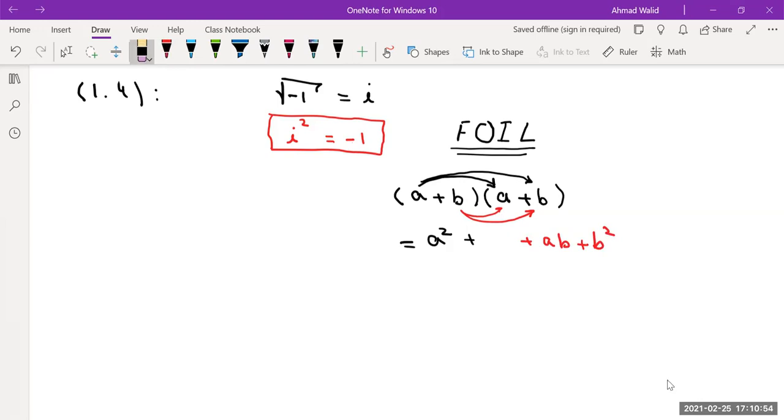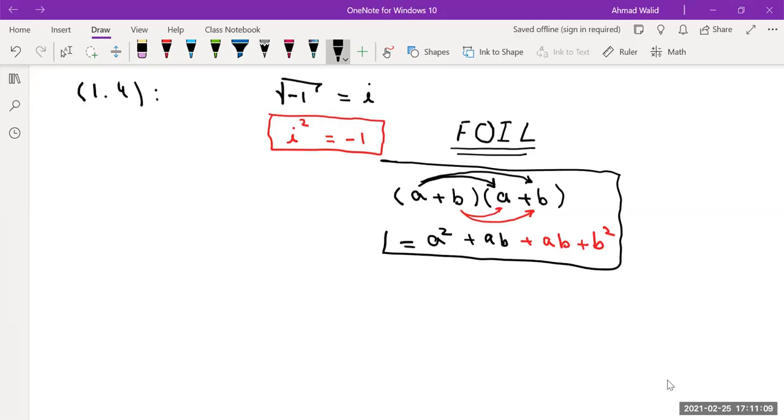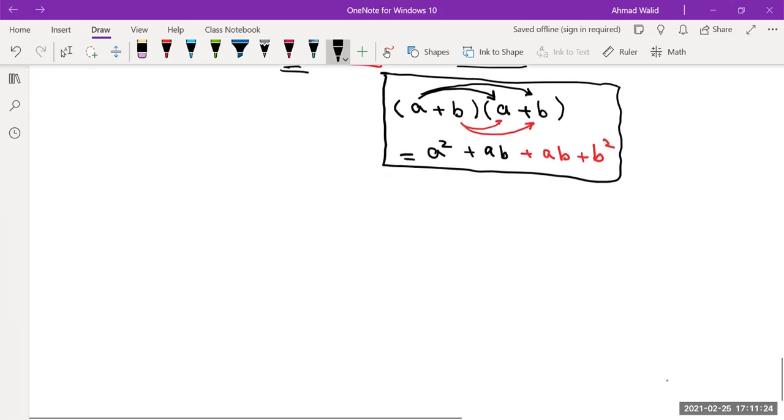And after that, you are adding like terms. We follow the same rule when we multiply complex numbers. It's that easy. The only thing we do differently is that if we see somewhere we have i squared, we replace the value of i squared with -1.